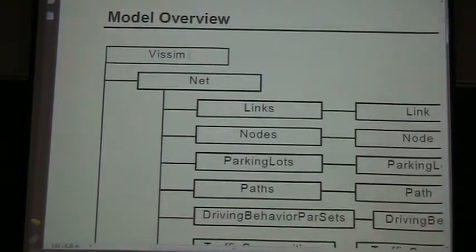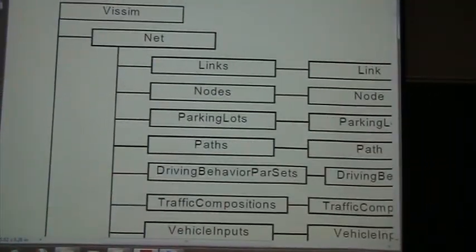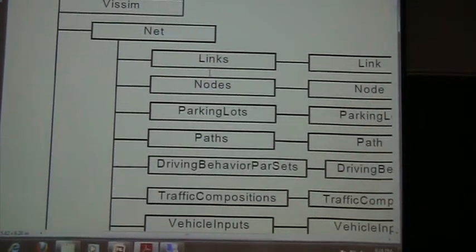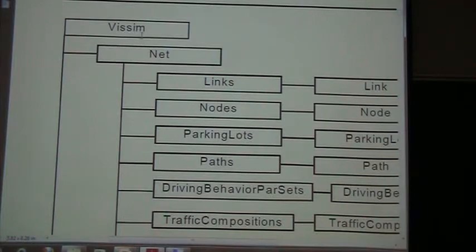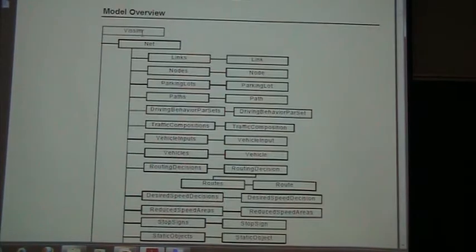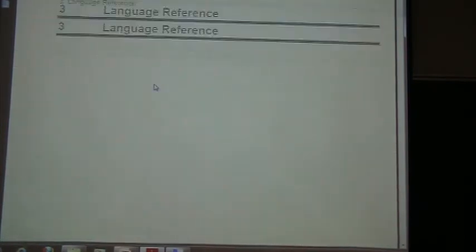The basic object is vSim, then it has a net. The net has links and nodes. But once you get an instance of vSim, you get control of all of them. And this is not complete. And you can use all kinds of languages.